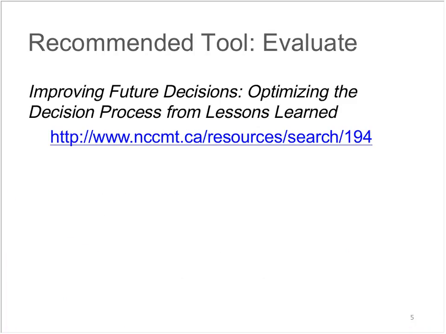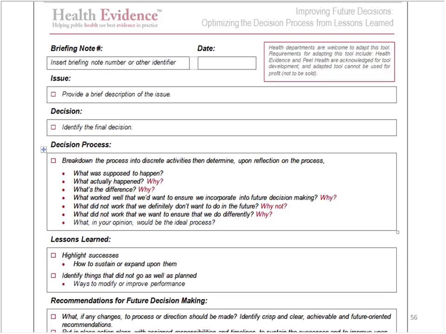So really just guiding you through some questions. I know it looks a lot like the other tool and it is formatted similarly, but the questions are different. So sort of in the middle of the page there, you'll see that it prompts you to ask about the decision process. What was supposed to happen, what actually happened, and why. Some other questions about lessons learned and your recommendations.